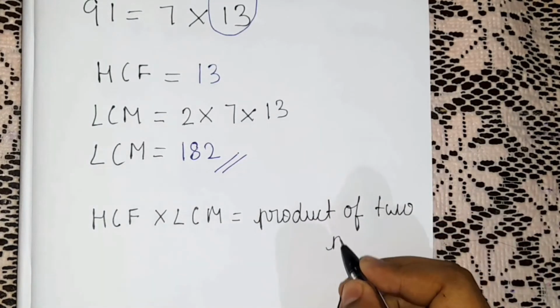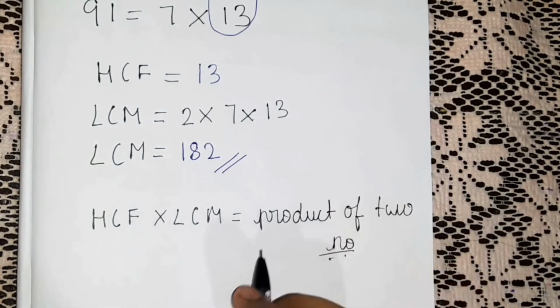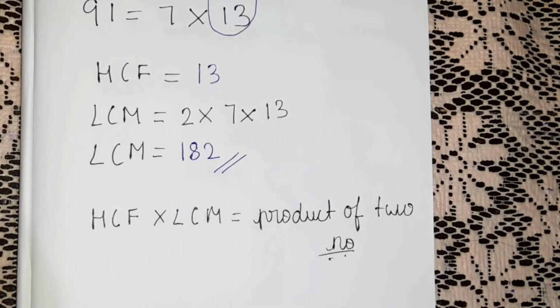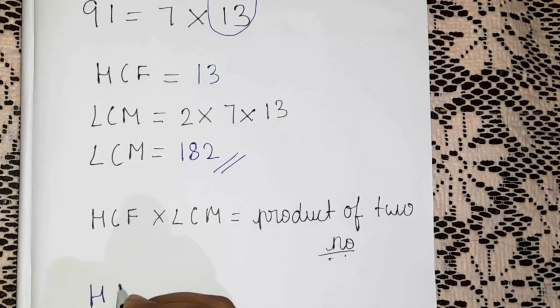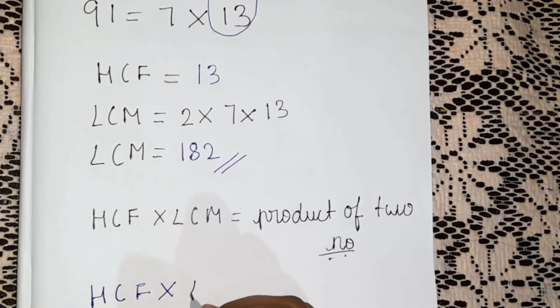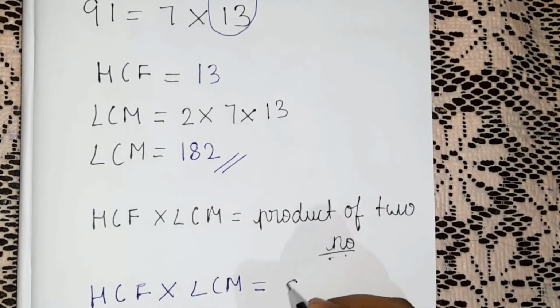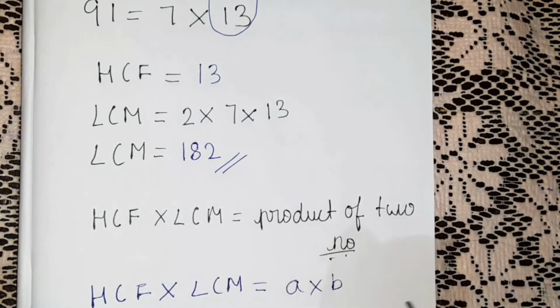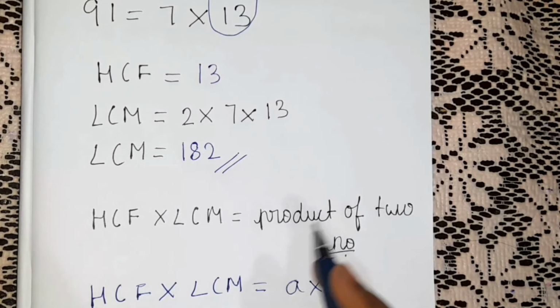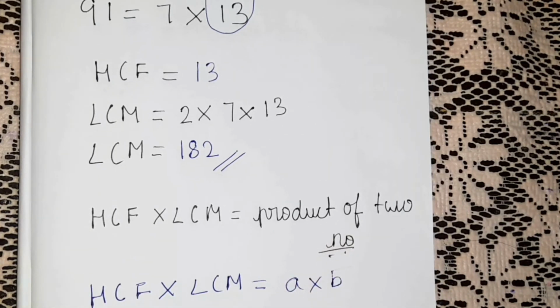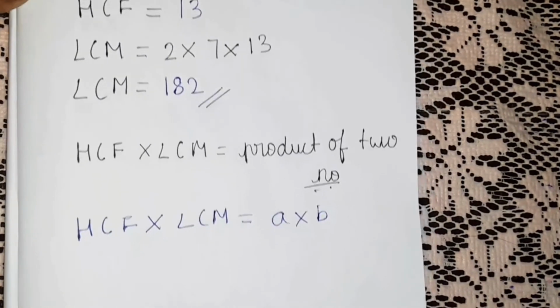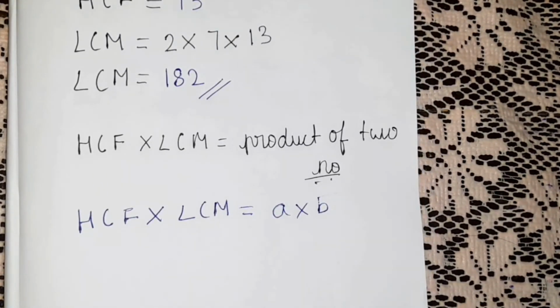Okay, product of two numbers. This is for your understanding. If you want, you can write it like this: HCF into LCM. Instead of writing product of two numbers, you can write A into B. You can take it as a variable, okay? For your understanding, I wrote product of two numbers because in the question it was written product of two numbers, okay? So what is the HCF and the LCM?